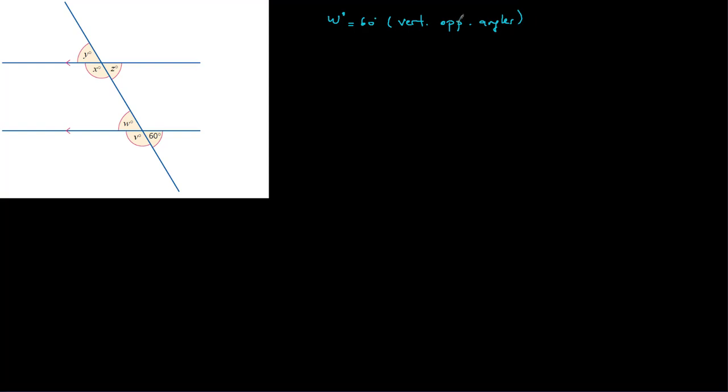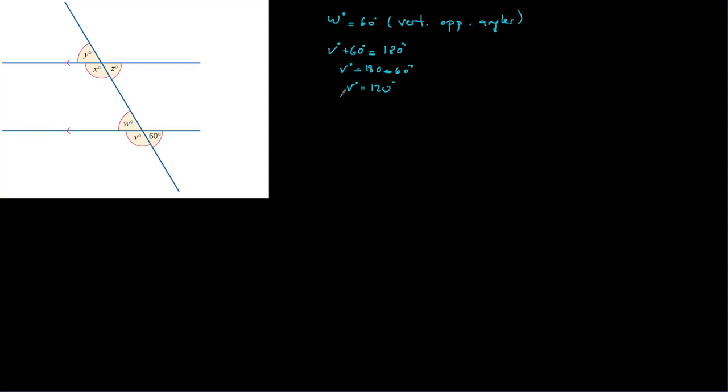Then V plus 60 degrees is equal to 180 degrees, which means that V is equal to 180 minus 60, so V is equal to 120.